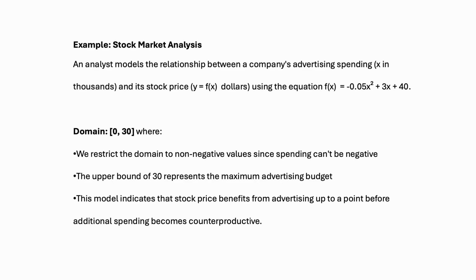We're going to restrict the domain to non-negative values since spending can't be negative. We can't spend negative money. We're going to have an upper bound of 30 to represent the maximum advertising budget for the maximum stock price. This model indicates that stock price benefits from advertising up to a point before additional spending becomes counterproductive.